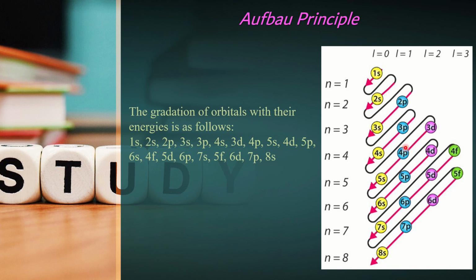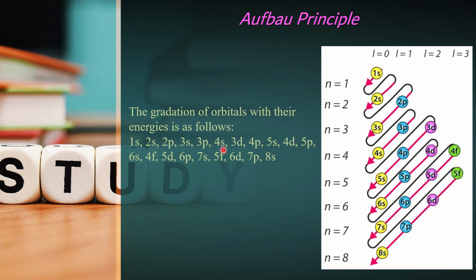Look, when the orbitals are cut this way, their energy order is 1s, the lowest energy, then 2s, then 2p, 3s, 3p, 4s, 3d, 4p, 5s, 4d, 5p, 6s, 4f, 5d, 6p, 7s, 5f, 6d, 7p, 8s.